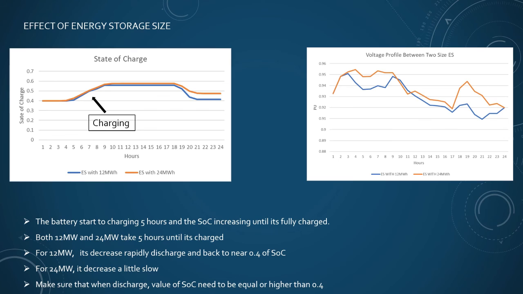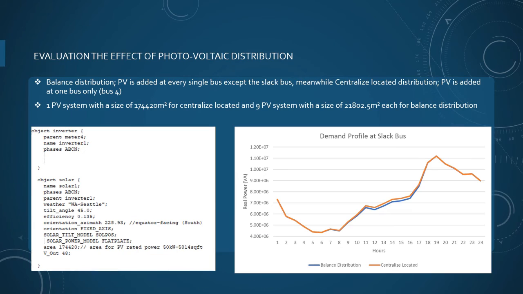So it is shown that the energy storage with the biggest size is better than the 12 megawatt hour. Next is the evaluation of the effect of photovoltaic distribution. The balanced distribution is where PV is added at every single bus except the slack bus. Meanwhile, the centralized located distribution is where PV is added at only one bus, which is bus 4.